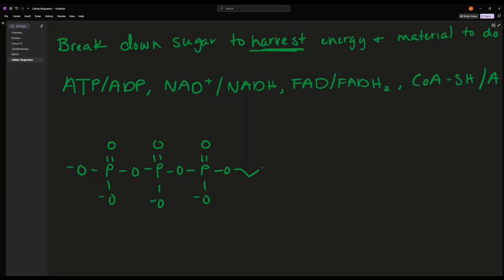Yeah, I did. Okay, and then adenosine. It's a big old nitrogenous base. So the thing that should go through our mind is three phosphate groups, a nitrogenous base, and a sugar in the middle. This is a nucleotide. Okay, this is ATP.